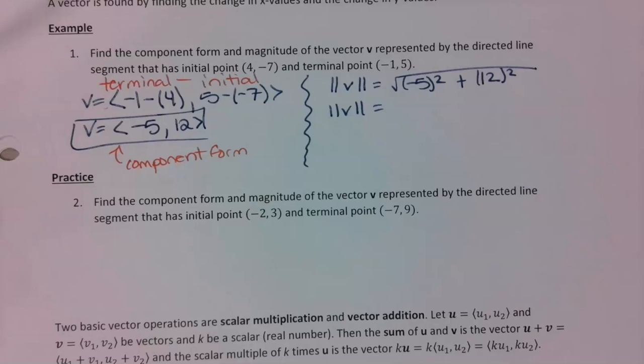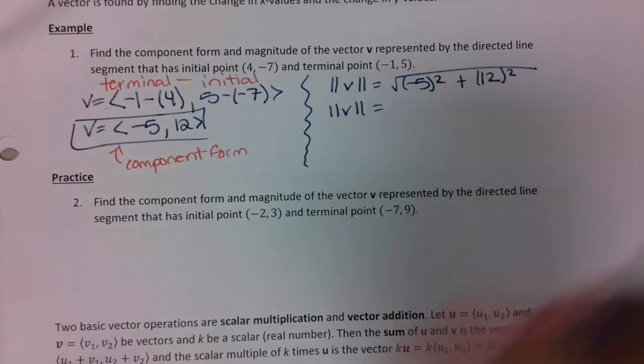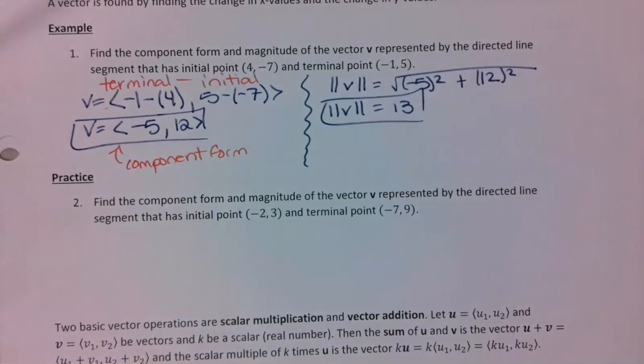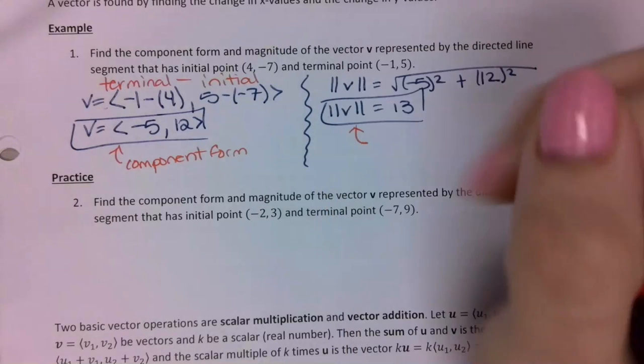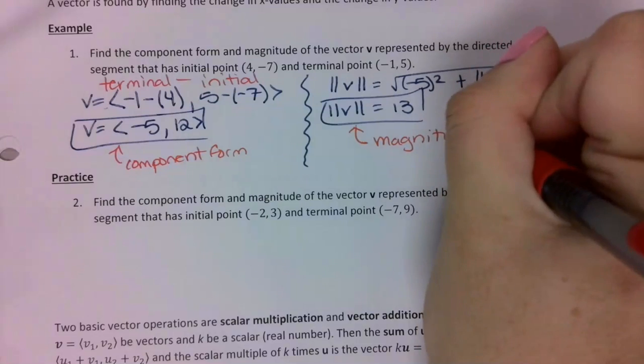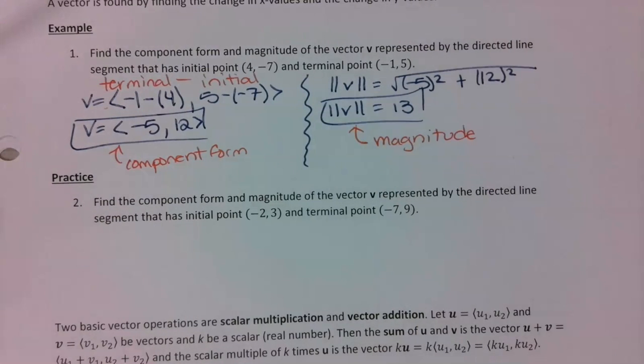Okay, so what value does this get me? So this is telling me that it's 13 units long. Questions on number 1?